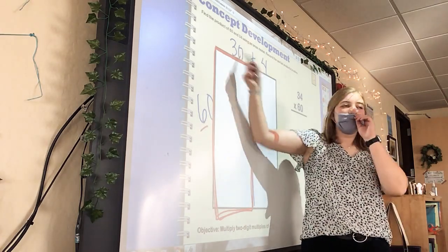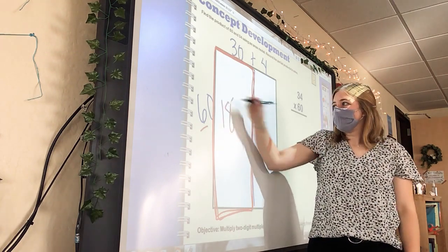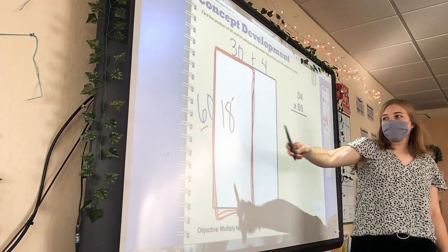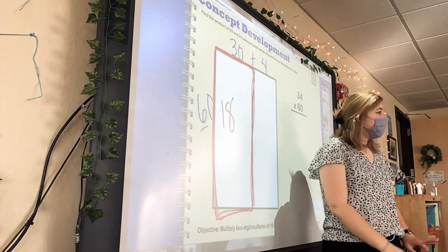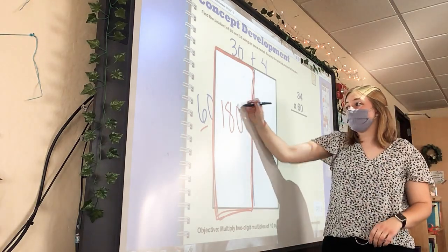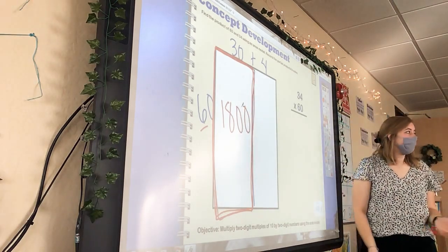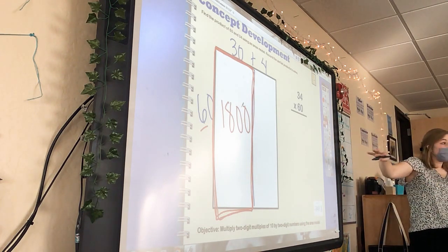So 6 times 3. I know that 6 times 3 is 18, okay? And then remember, it's 6 tens times 3 tens. So I can do 10 times 10. What is 10 times 10? 100. So that makes this 1,800. Okay? Any questions on how I found that so far?